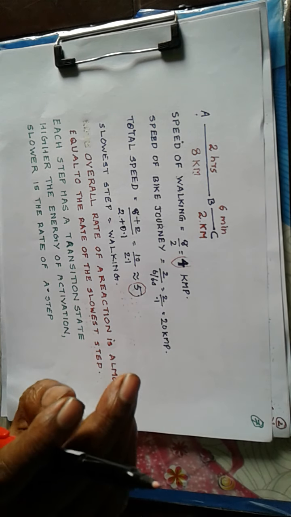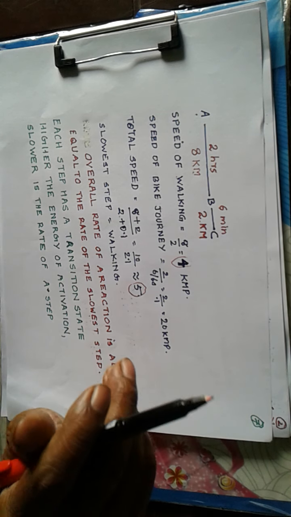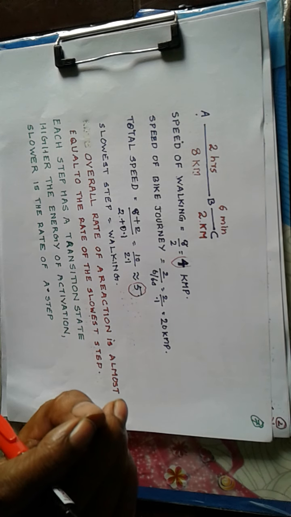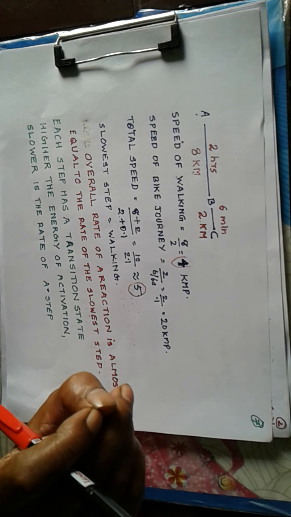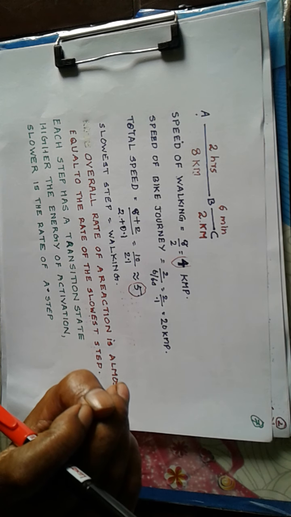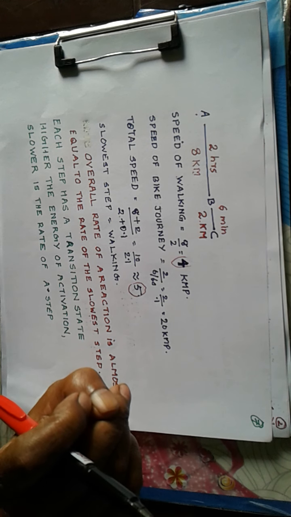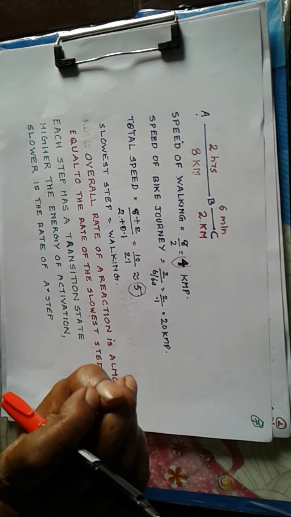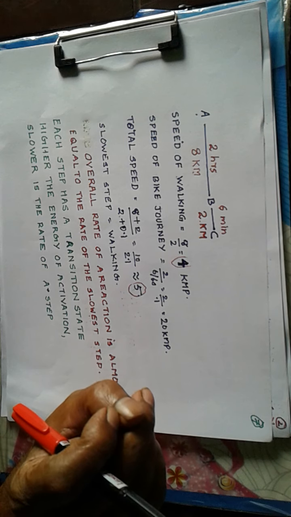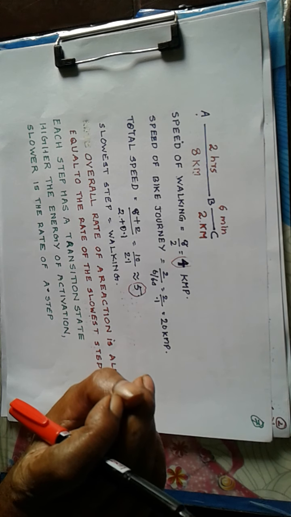Similarly, for a chemical reaction which occurs in more than one step, the total speed or rate of the reaction is almost equal to the speed of the slowest step in the reaction.